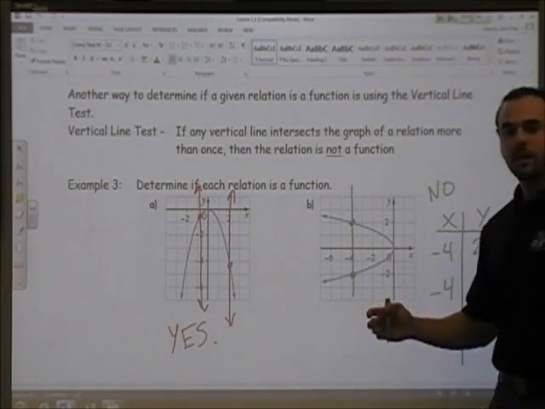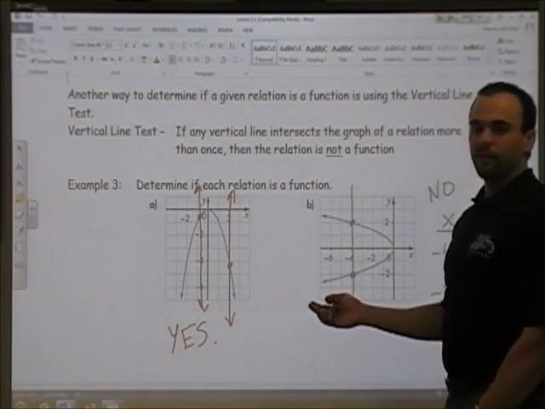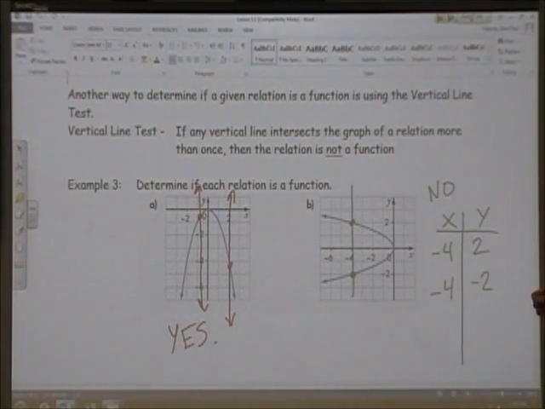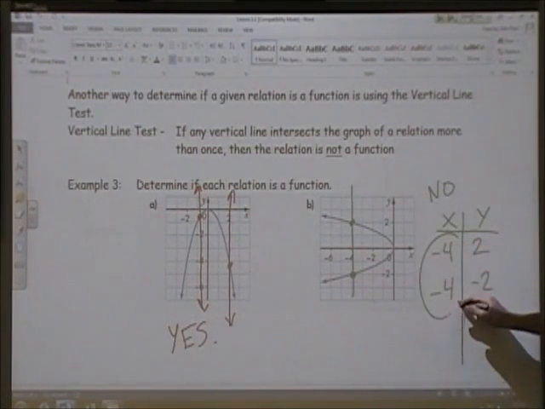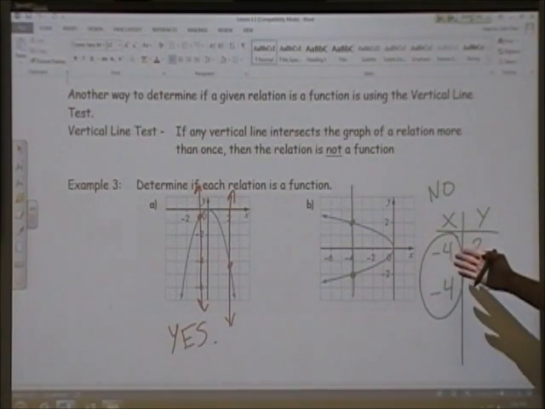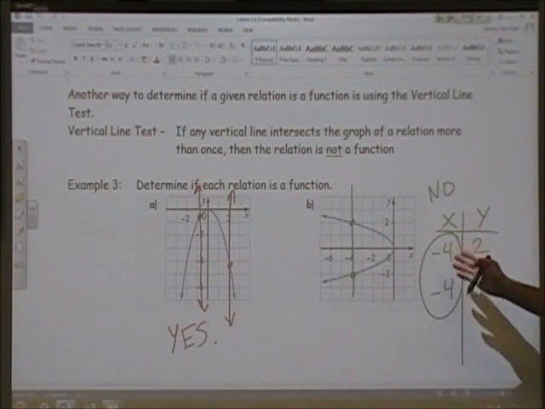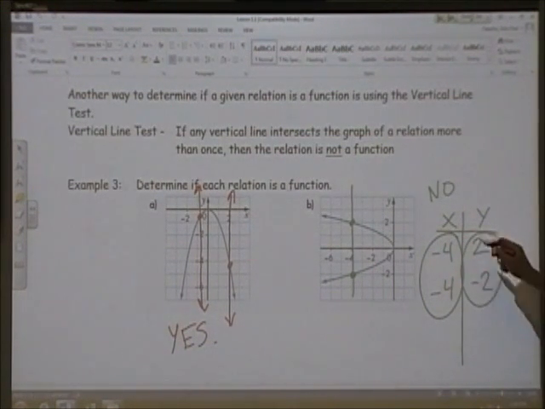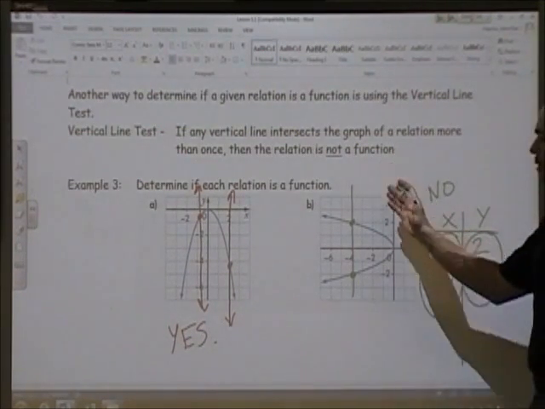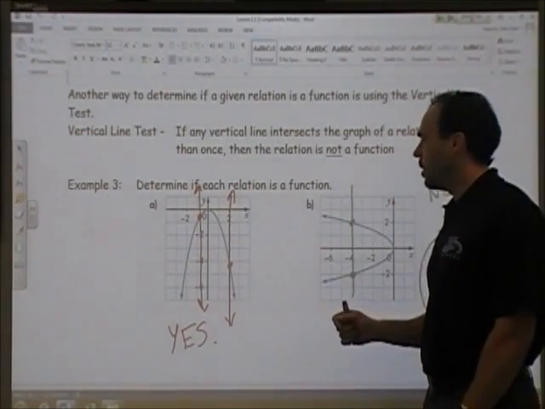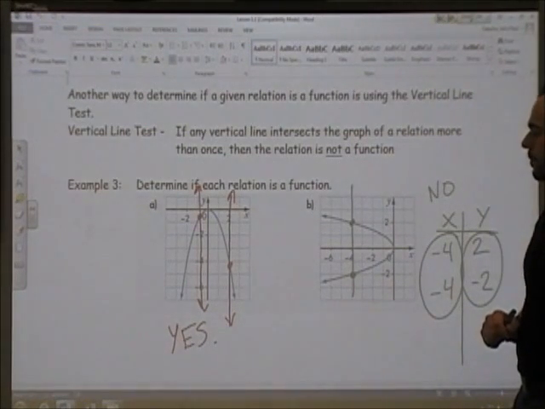And again, by the definition of a function, for every value of x, you can only have one value of y. Well, it doesn't pass the vertical line test, which means that when x is -4, you have two different outputs for y. So no, it is not a function. And that is why the vertical line test will tell you whether something is a function or not.